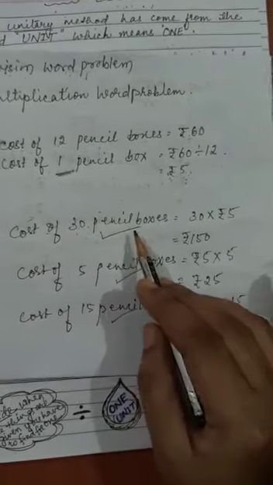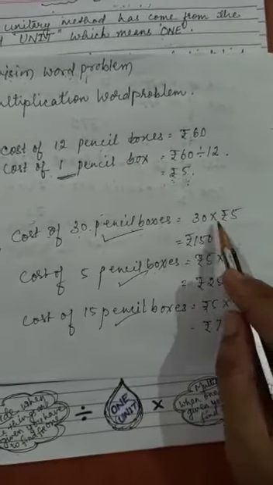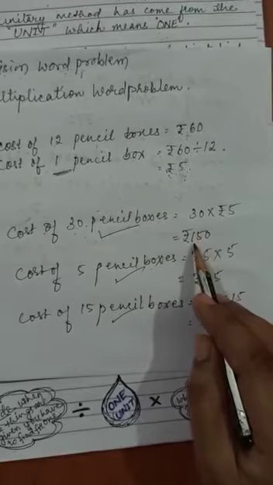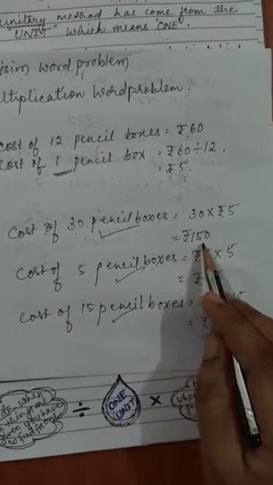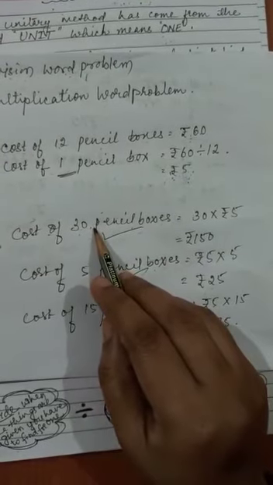Then how will I find? I can find it by multiplying the cost of each pencil box by 30, that is the total number of pencil boxes. Then I will get rupees 150. So 150 is the cost of 30 pencil boxes.